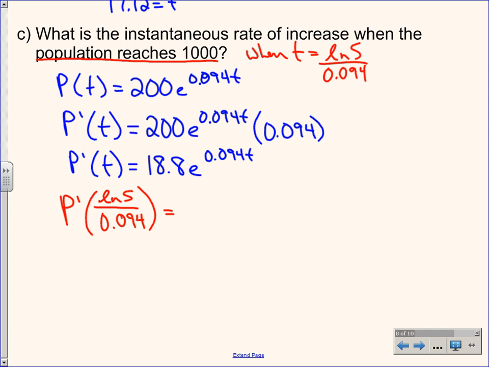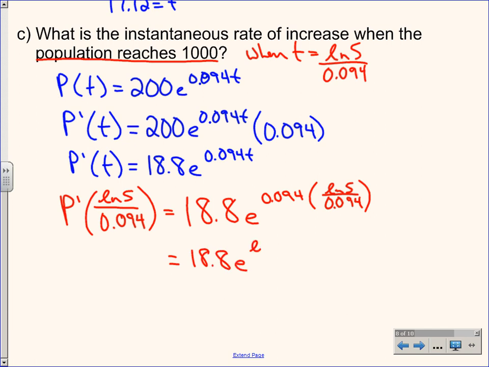So if I sub that into the derivative, we get 18.8 e to the 0.094 times ln 5 over 0.094. It works out really nicely because that 0.094 on the top and bottom cancels. So we just get e to the ln 5. And e to the ln 5, you can put in your calculator.